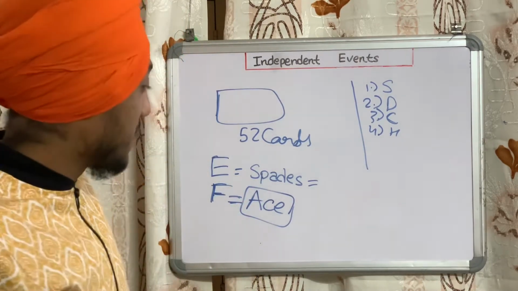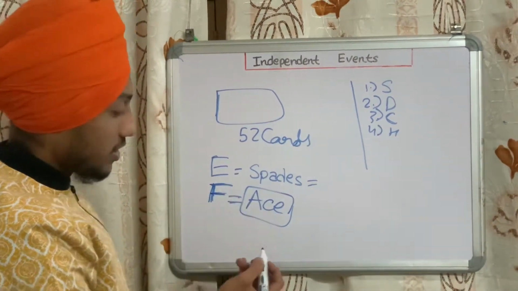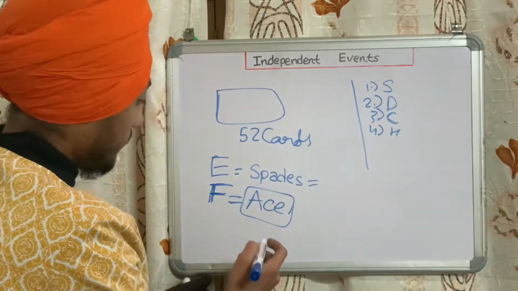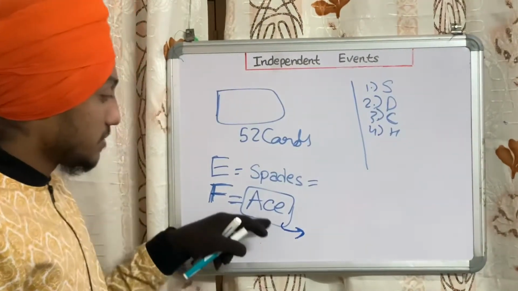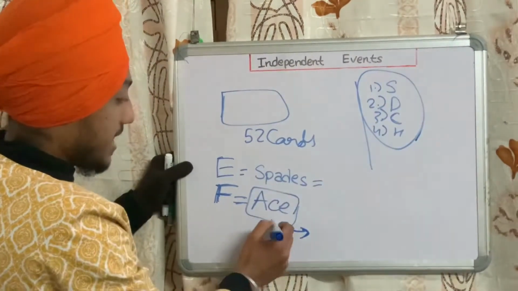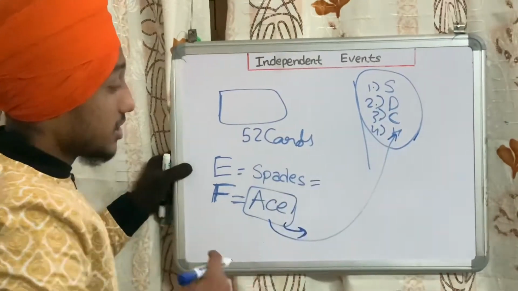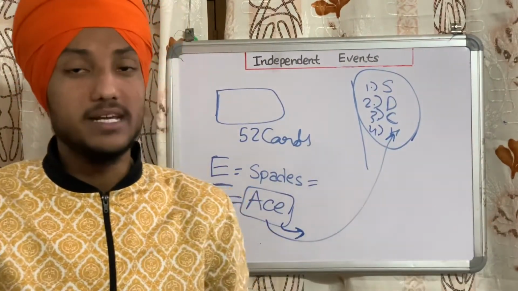So how does an independent event exist? In this example, by choosing ace, we don't define any relationship with spades or the other categories. Is this ace from heart? Is this ace from spade? We have not defined that, but we know its probability.